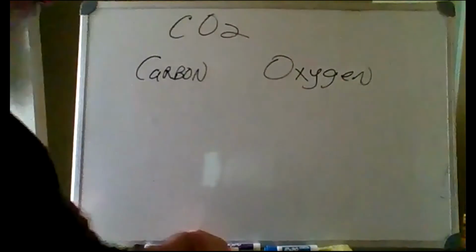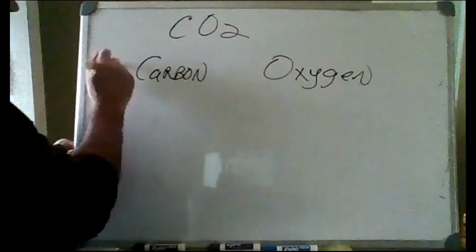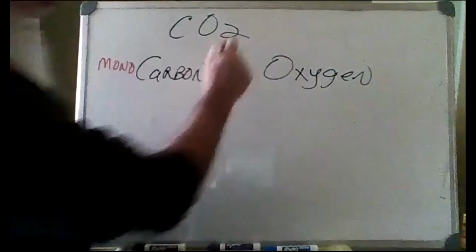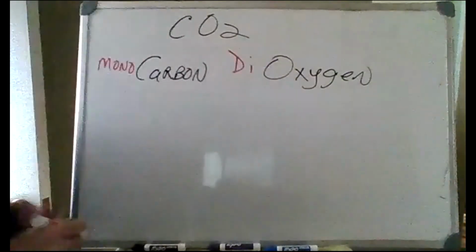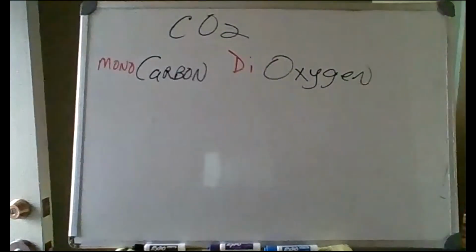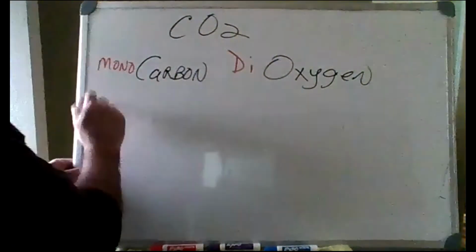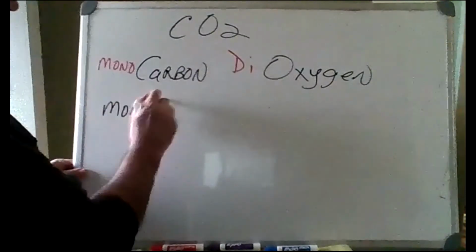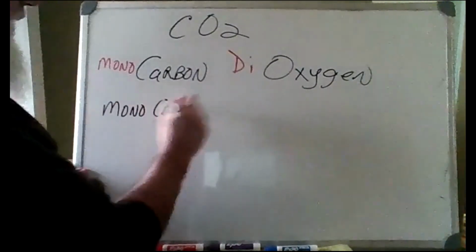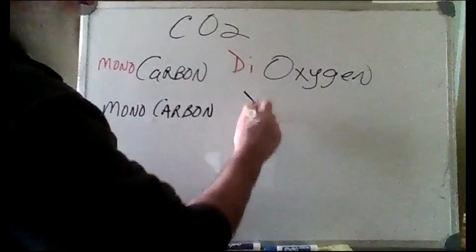Rule number 2 says put a prefix in for each element, indicating how many atoms of that element. So monocarbon dioxygen. Rule 3 says the last element ends in IDE. So monocarbon dioxide.